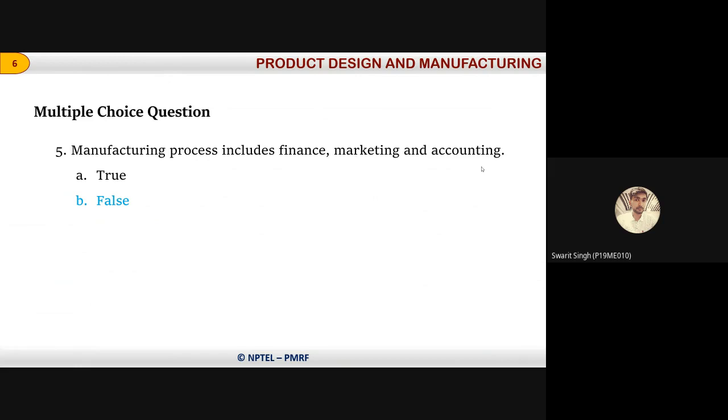The people responsible for manufacturing are production and engineering. They check how to convert the raw material into a useful product.